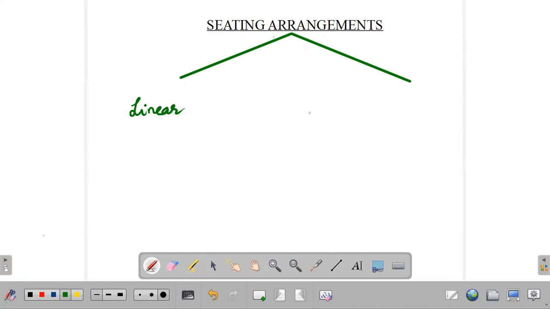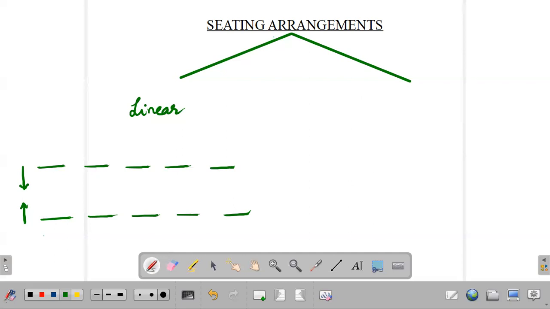People will be sitting in a row or in rows, something like 2 rows wherein the people may be sitting facing each other. Can you tell me a real life scenario where you see a linear seating arrangement with 2 rows of people sitting facing each other?